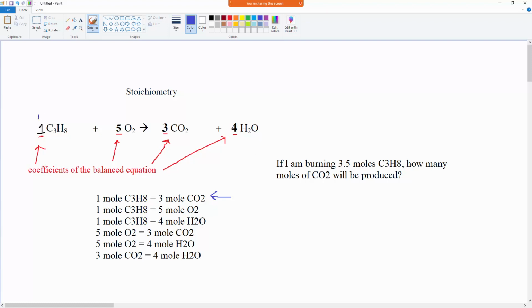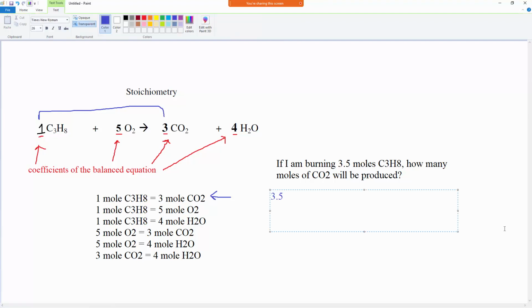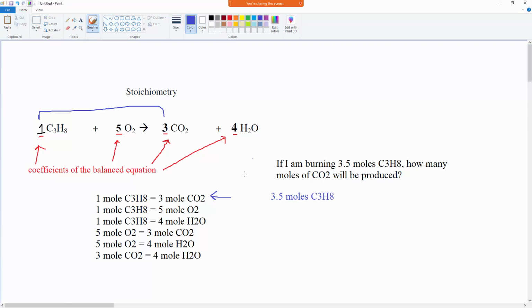And I'm just going to look and say, okay, 1 will make 3. And so then I can set this up using this new equivalency as a conversion factor using dimensional analysis and say, look, if I'm starting with 3.5 moles of C3H8, and I know that, let's try this.